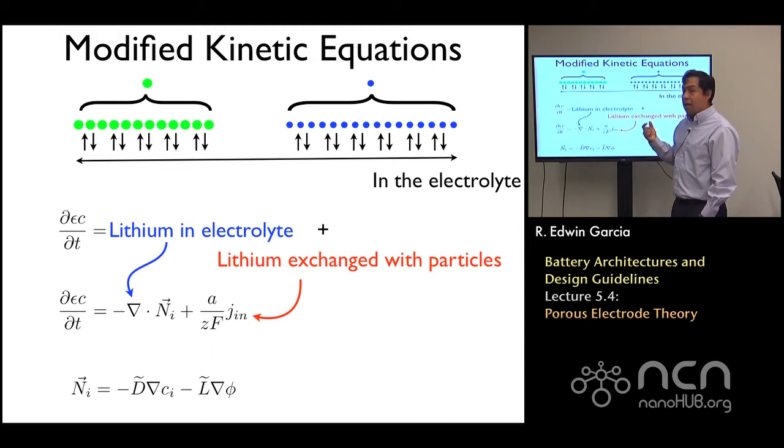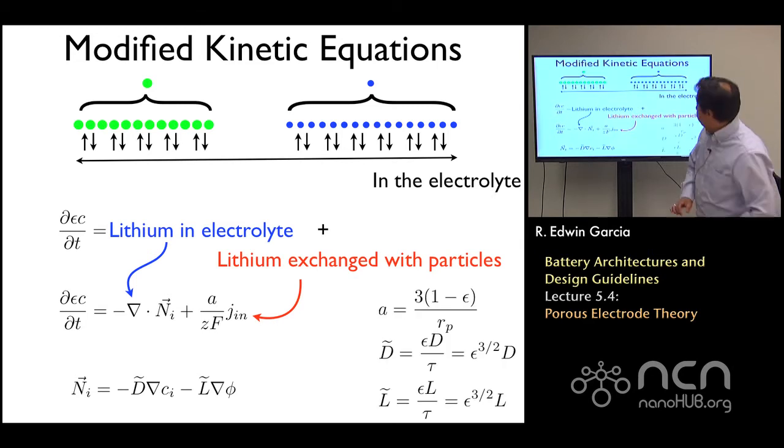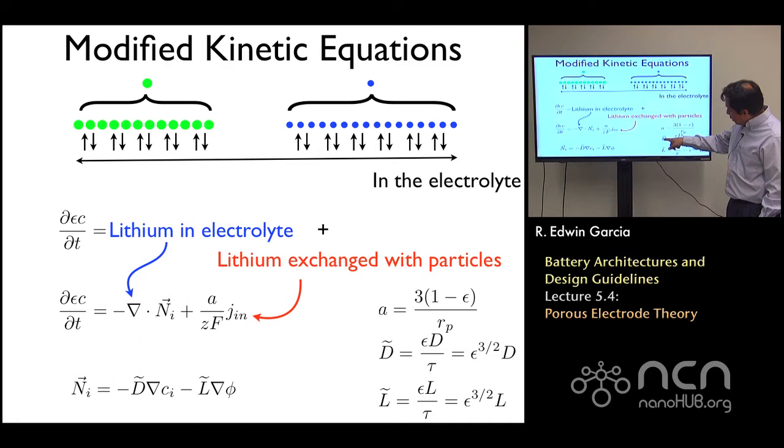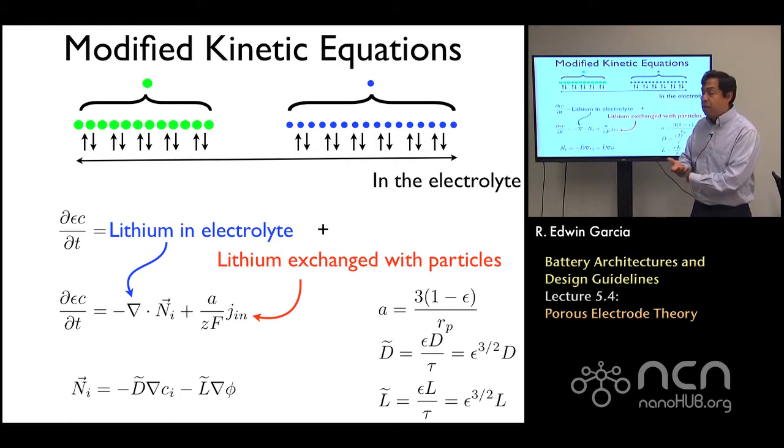This means that we now have to include the tortuosity associated to a system, and as we have defined before, the average diffusivity is given by the porosity times the diffusivity in the electrolyte divided by the tortuosity. If we assume that this tortuosity is of Bruggeman type, then we have this very simple relationship that we can put in there, and we can do the same for every other property. And of course, this assumes that all the transport is occurring between the particles, in the particle interstices.